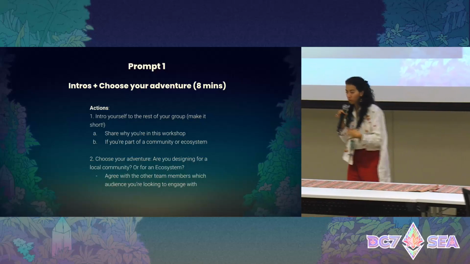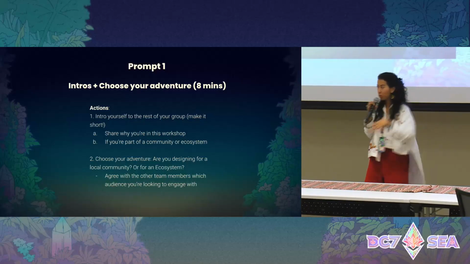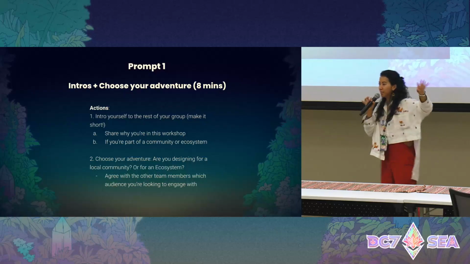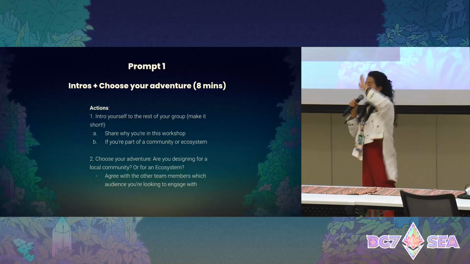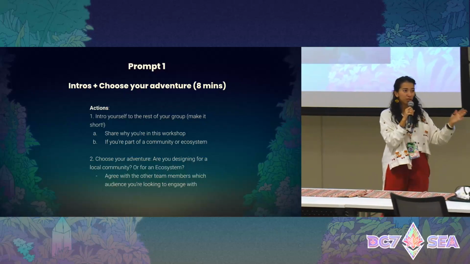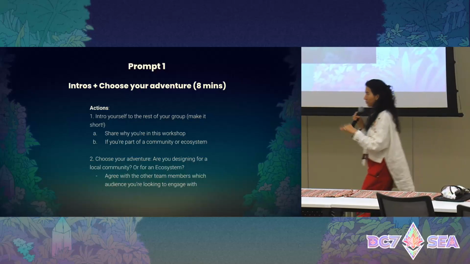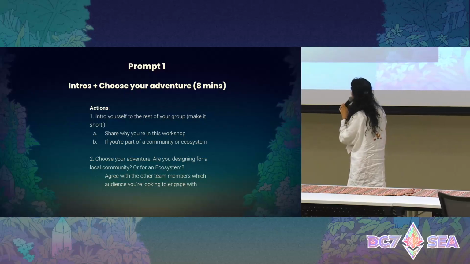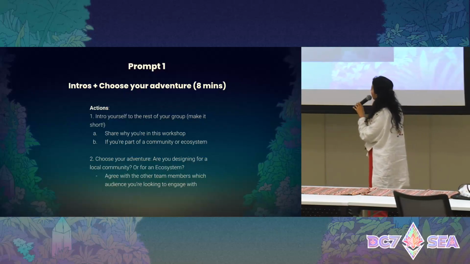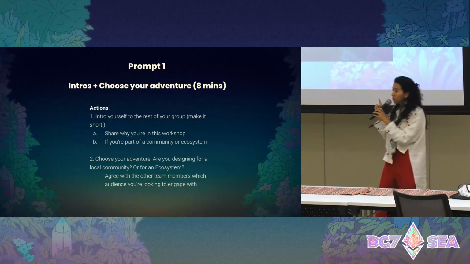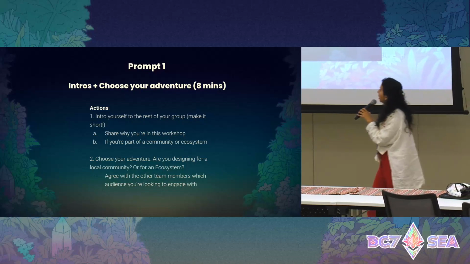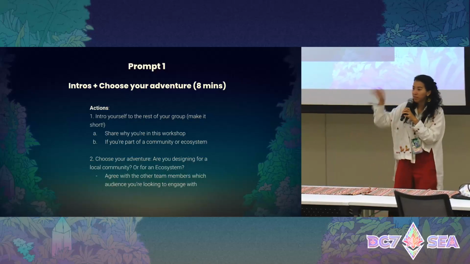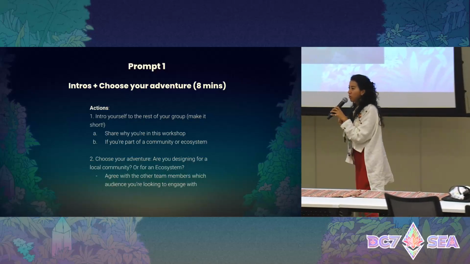Is it going to be, again, a local community? Is it going to be an ecosystem? And if you have any questions throughout this process, please raise your hand and Sejal or myself will walk to you and answer any questions that there may be. We're going to have 8 minutes for this. So please introduce yourself, share why you're in this workshop, and if you're part of a community or an ecosystem, and then decide who you are designing this round for.